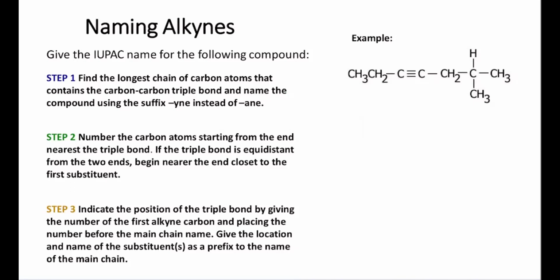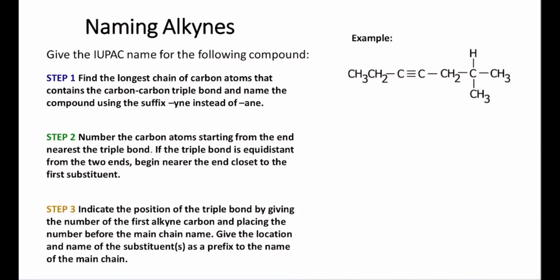We need to indicate the position of the triple bond by giving the number of the first carbon in the alkyne, and then, as you guys know, we need to follow the rules that we know so far for substituents, okay? They're gonna be as a prefix of my parent chain. So we have the following alkyne structure, okay?